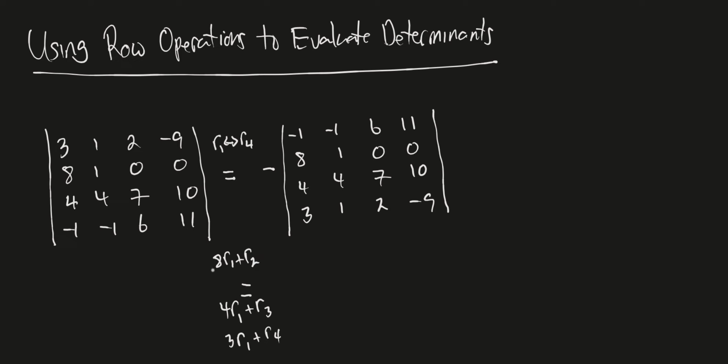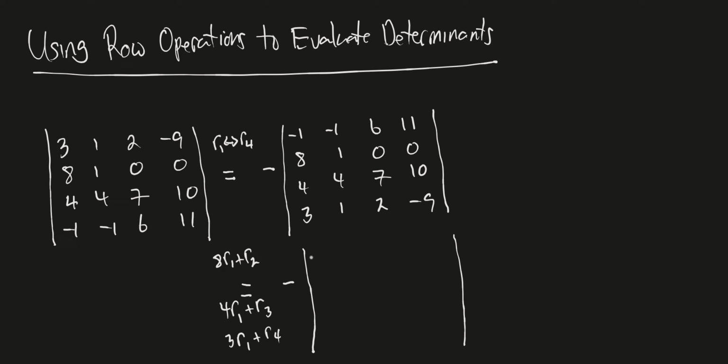Anytime you do a constant multiple of one row added to another row, the determinant stays the same. I will have to bring down the negative sign, right? But what I'm guaranteed is that this determinant here is going to be identical to this new determinant here, but it's going to have a lot more zeros, right?